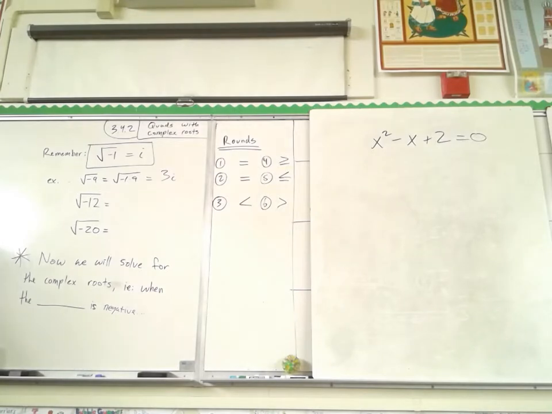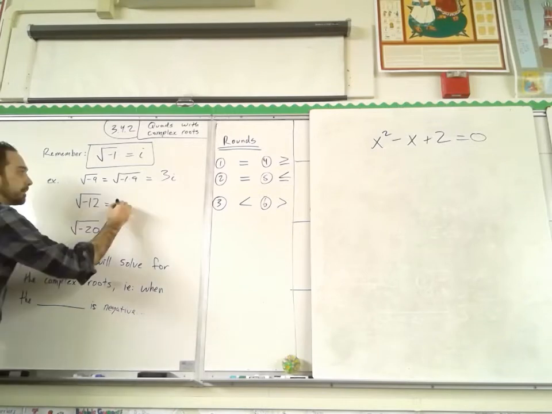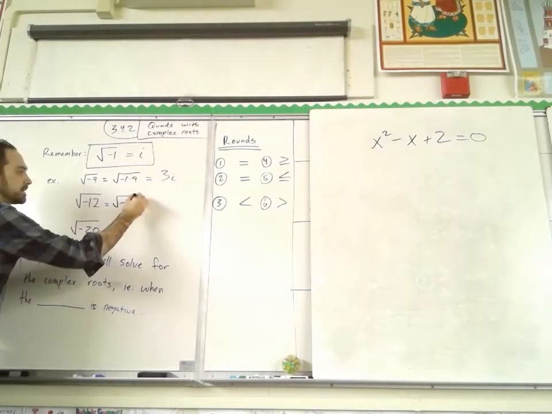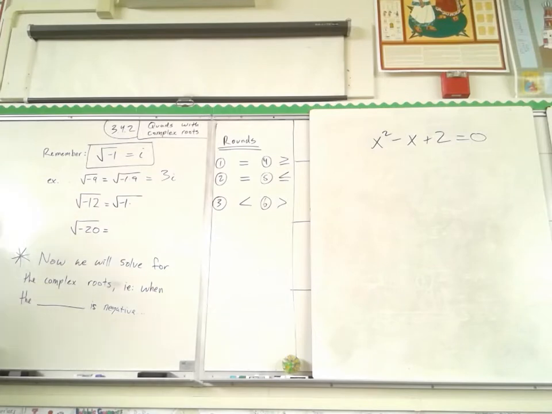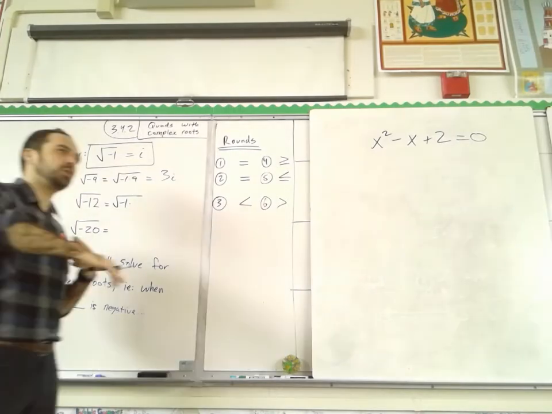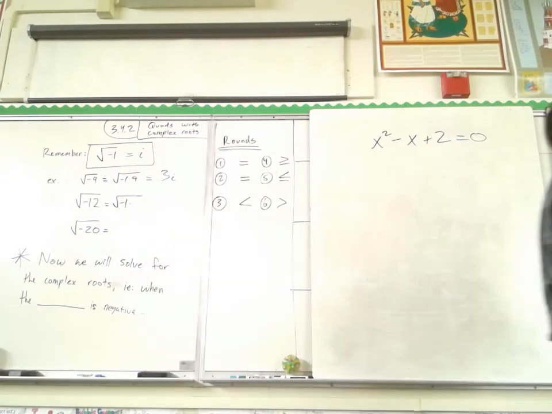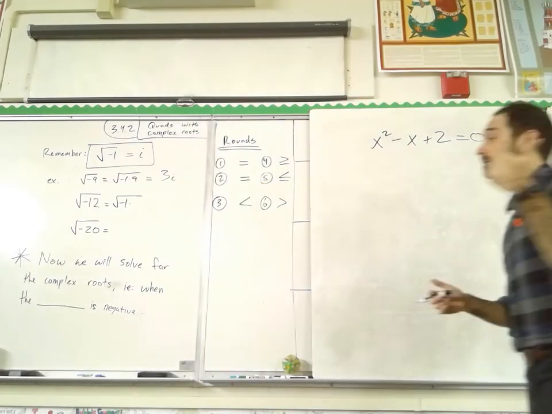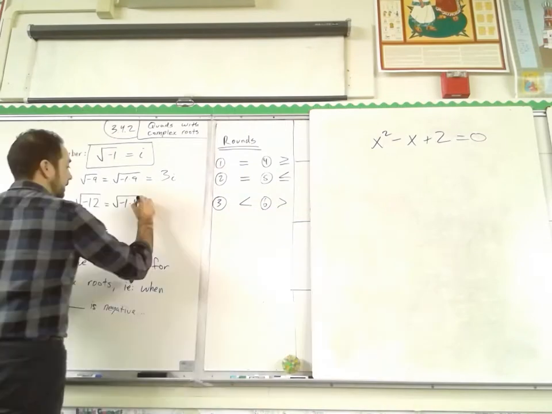Negative 12, what does that break up into? I'm always going to put the negative 1 out front. And then 12 breaks up into what? 6 and 2. Those aren't perfect squares, though. Any others? 4 and 3. I like 4, so let's go 4 times 3. Which of those can we pull out of the root?